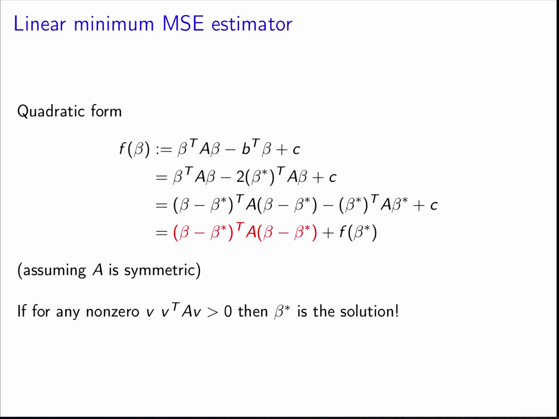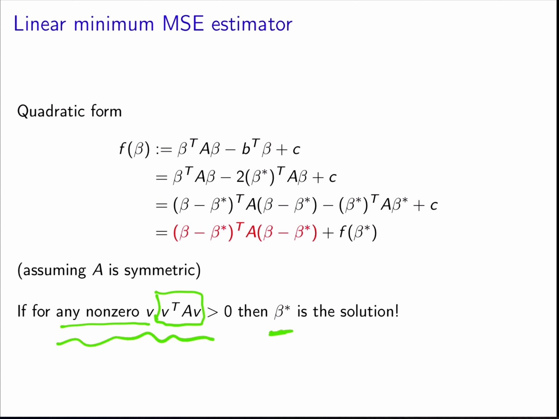So if for any non-zero v we have that this quantity v transpose A v is positive, then this shows that beta prime, this point where the gradient is equal to 0, is actually the minimum of the quadratic function.